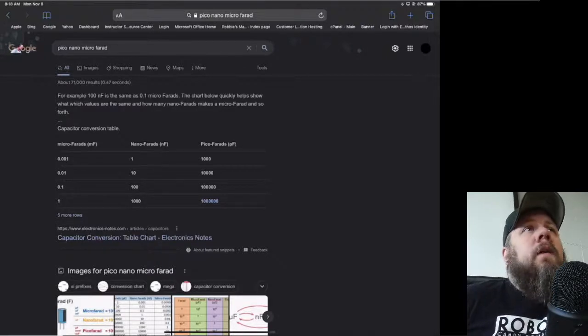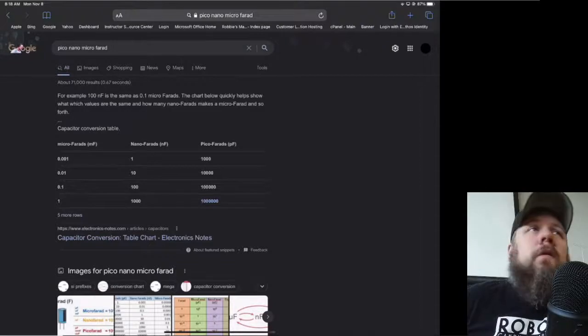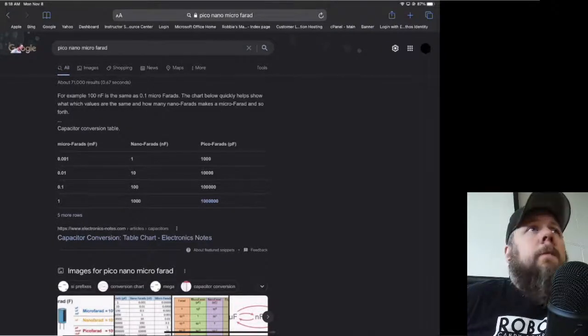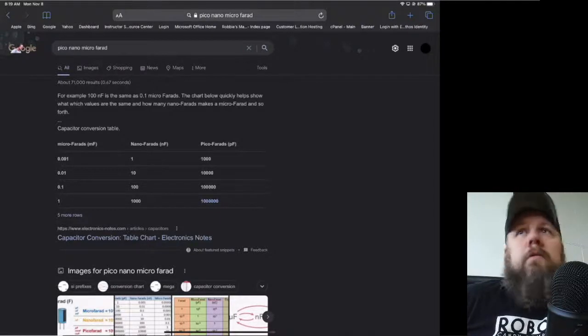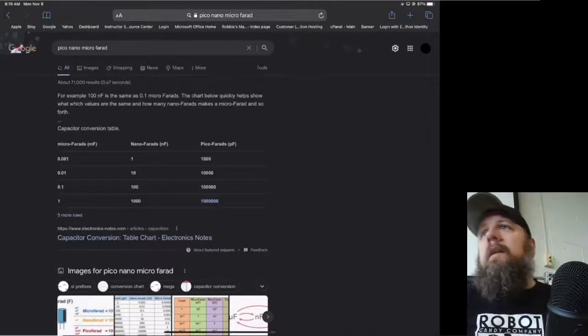When it has that R there, it wants it in ohms. We don't have to deal with a whole lot of micro in resistance, but we do need to deal with kilo and mega. So keep those in your mind. Kilo is pretty easy. If you see 100K, you know to put 3 zeros behind that, right?